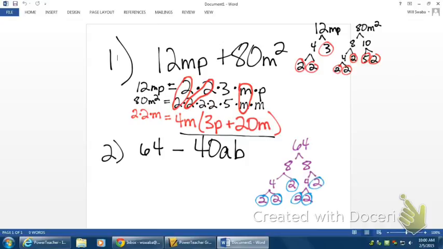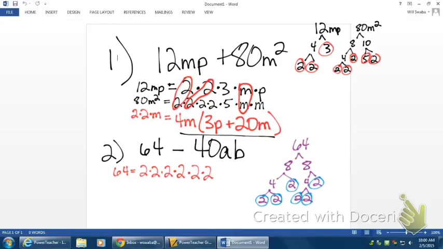So 64 is equal to, looks like I've factored out 6 2s. So 1, 2, 3, 4, 5, and 6. So I have 6 2s right there.